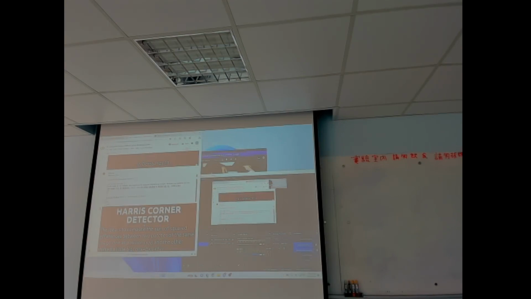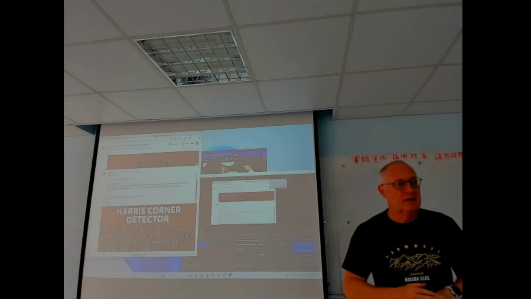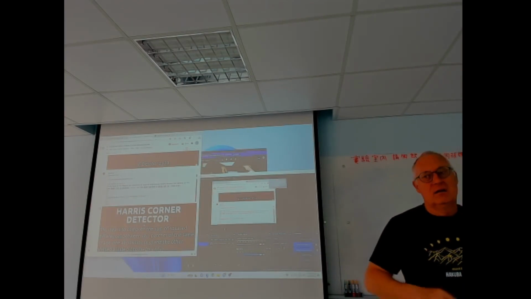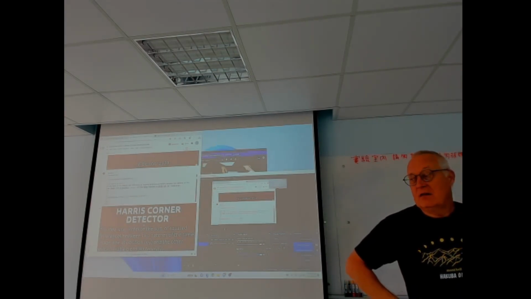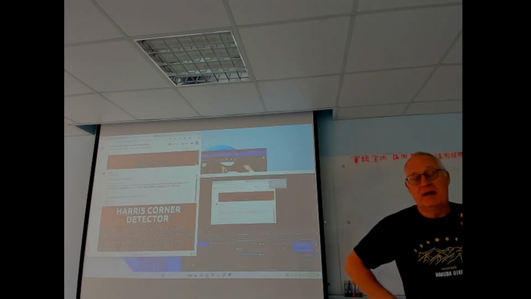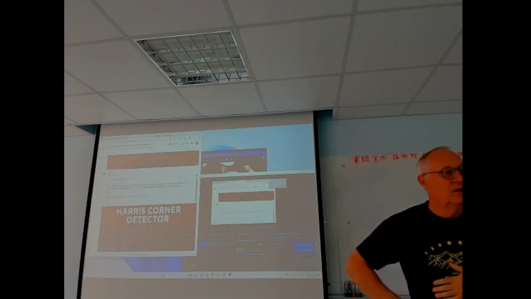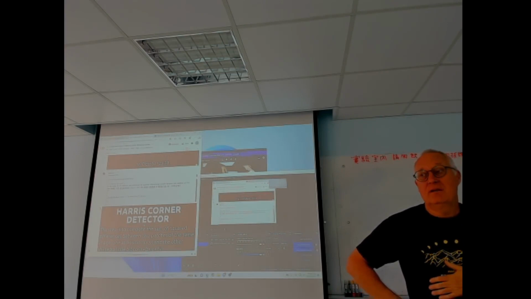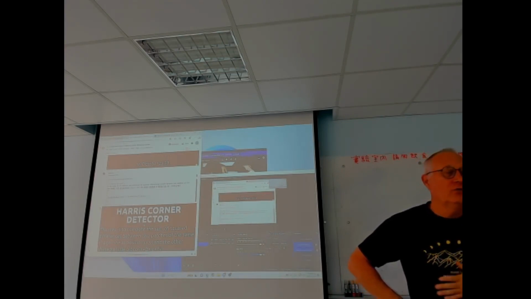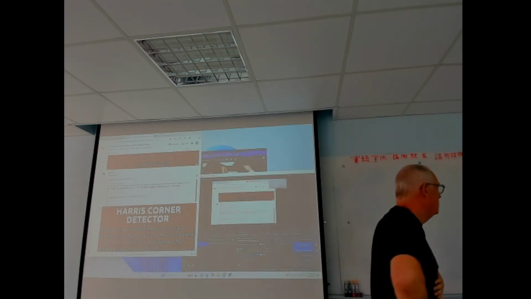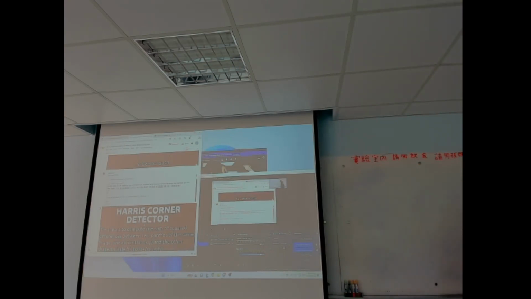I want to have points that if I move them by a tiny bit, and then overlay them on the image, would look very different. Those would be the points that I want to track.